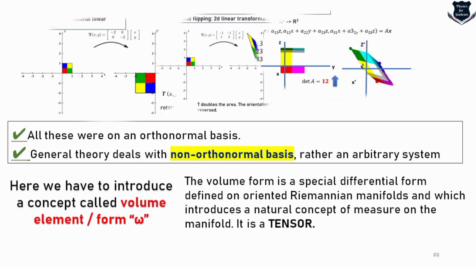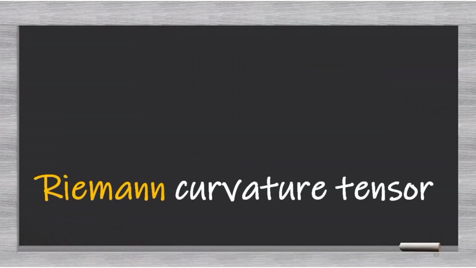Just let us understand that a volume form is a special differential form defined on a Riemannian manifold, which introduces a natural concept of measure on a manifold, and it is a tensor. And this actually leads to geodesic movement on curvature. The volume changes, it shrinks and grows. I am not going into that again because the video is already quite long. You can look into the earlier video of my beginner's guide to general relativity where I explain the geodesics.